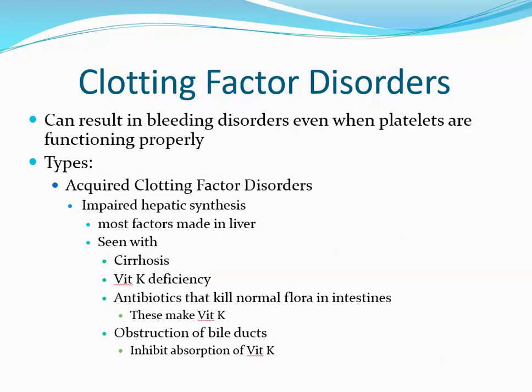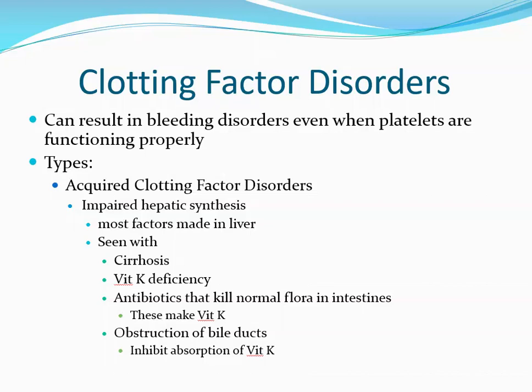There are also acquired clotting factor disorders. One cause could be impaired hepatic synthesis. Most of these factors are made in the liver, so any form of liver disease could result in abnormalities. This is seen in cirrhosis, vitamin K deficiency. Also seen with antibiotic therapy.